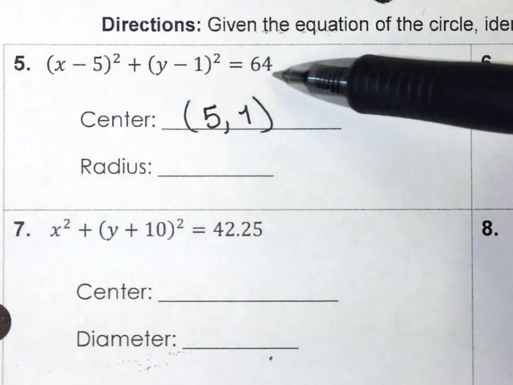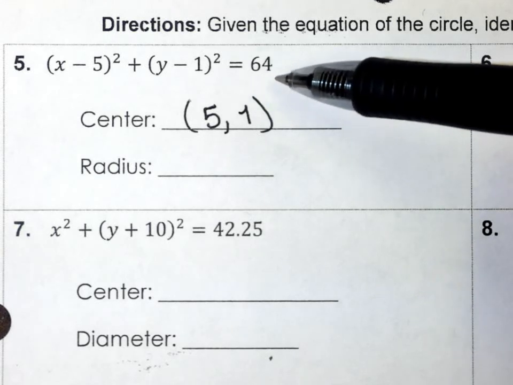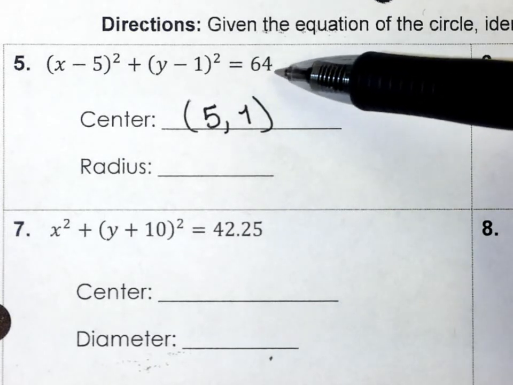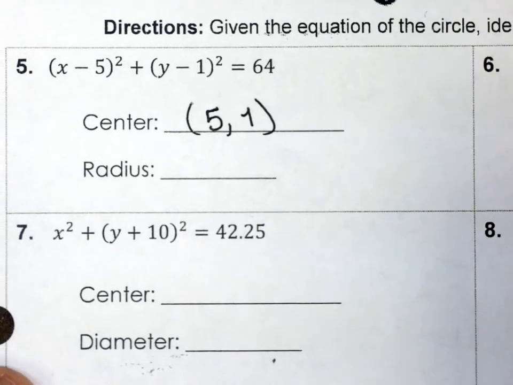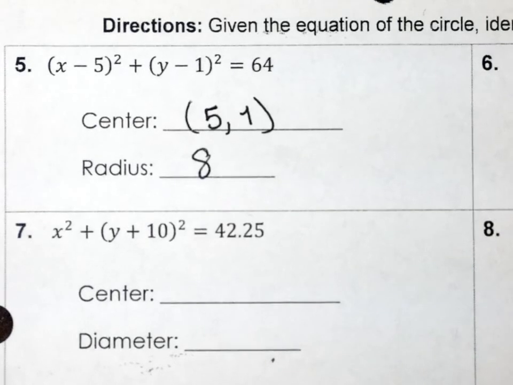What is this in the equation? No, in the equation, what does this represent? I'm too late now. What is this in the equation? This is radius squared, right? So what's my radius?